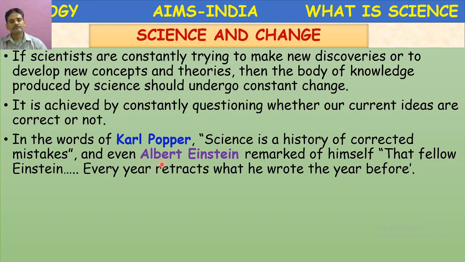And even Albert Einstein, the great scientist who introduced the formula E = mc², energy equivalence, remarked of himself that fellow Einstein every year retracts what he wrote the year before.